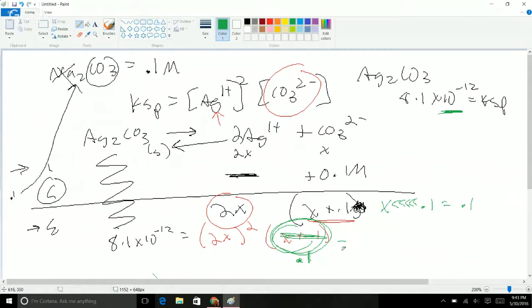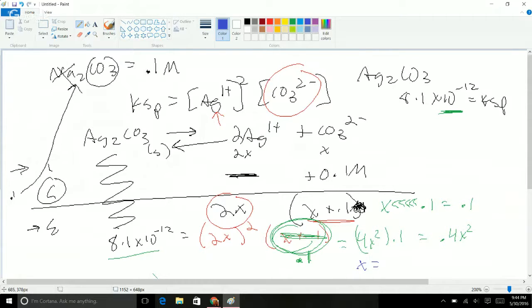Now when I simplify it, I get 4x squared times 0.1. Okay, so I get 0.4x squared is equal to 8.1 times 10 to the negative 12. I'm kind of running out of space here, sorry guys. So I'm going to simplify and solve for x.